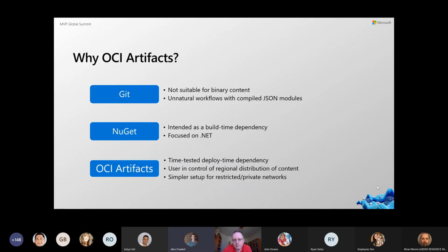And I think on that theme, one of the things that we do like about OCI is that all of the problems that we're going to face are problems that the larger container community is going to face. So we take a dependency on them solving all of these problems, and they obviously have a much larger user base than we do.